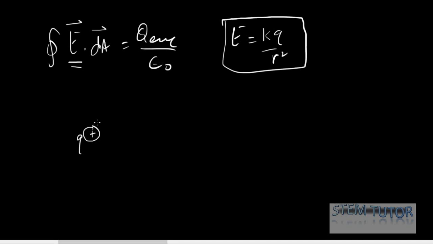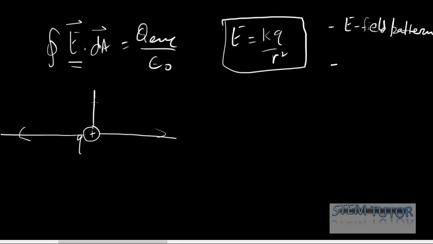The first thing you have to know about your charge distribution when you're using Gauss's law is the field pattern. You need to know the E field pattern, and we know that the electric field pattern looks like this, radially away.